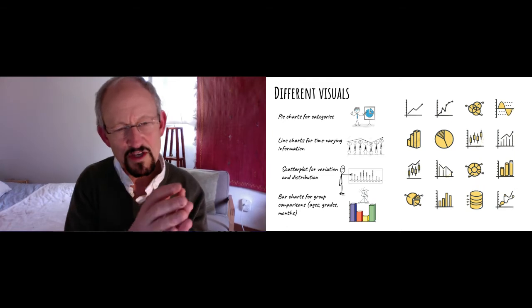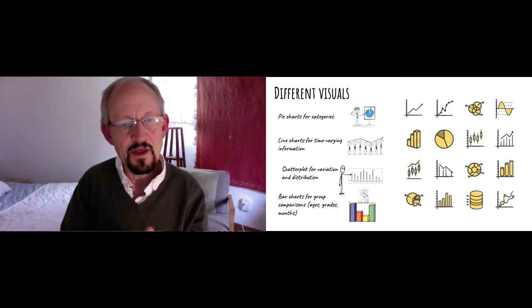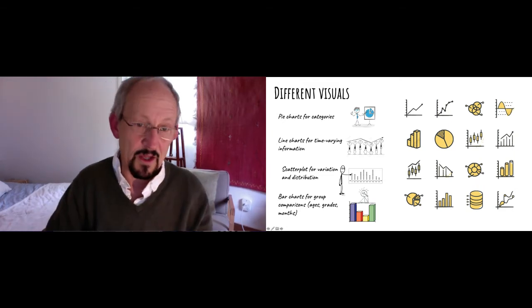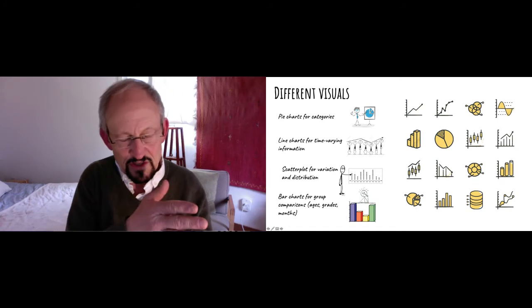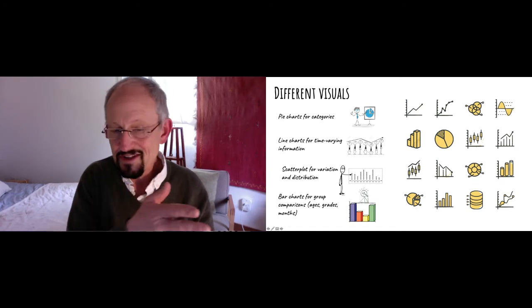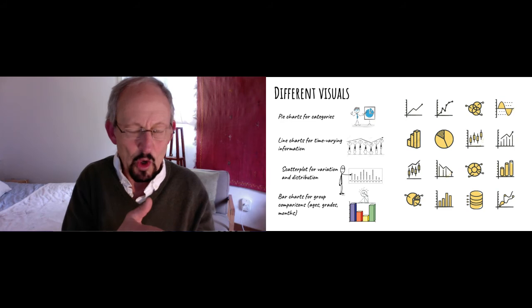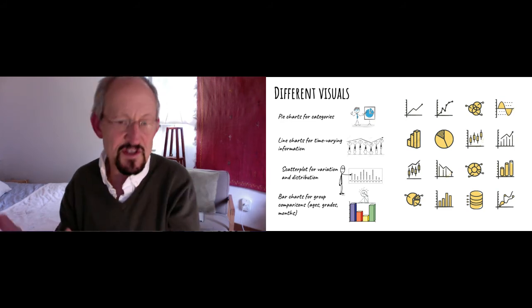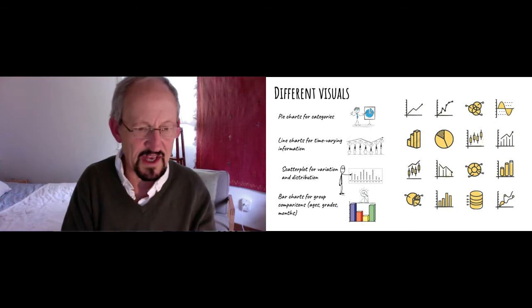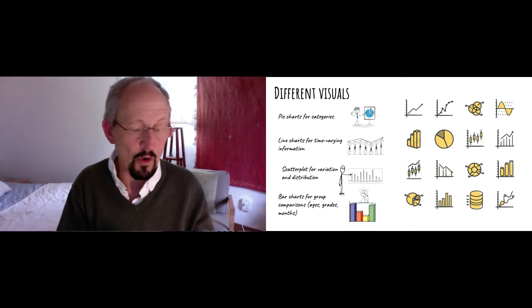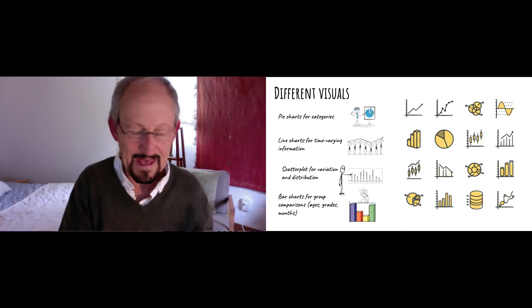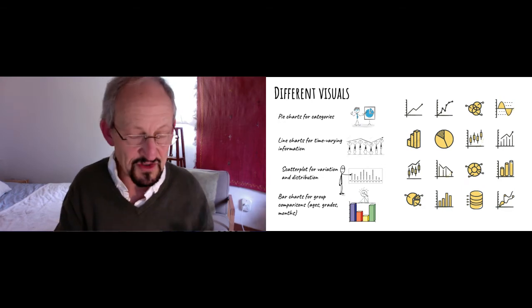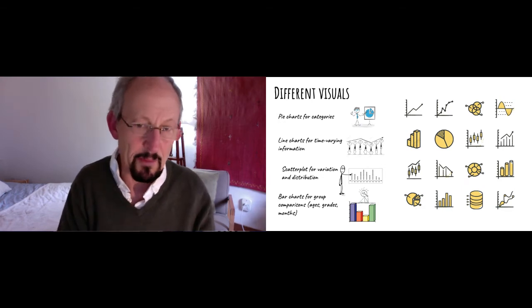If we're trying to see whether things are changing over time, then we might want to look at a line chart. If we're trying to see the distribution, let's say in a grade or something like that, where we want to see how many individuals get certain kinds of assessments, then we might want a scatter plot. And if we're looking for grouping effects by age or grade or months, then we may want to look at a bar chart.